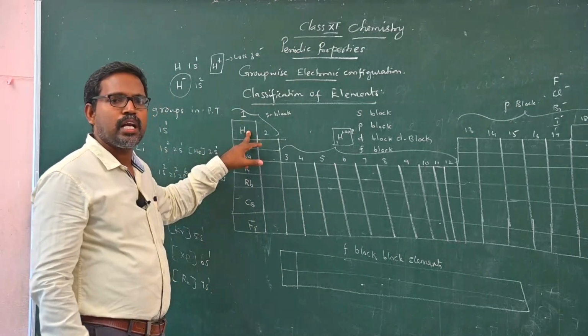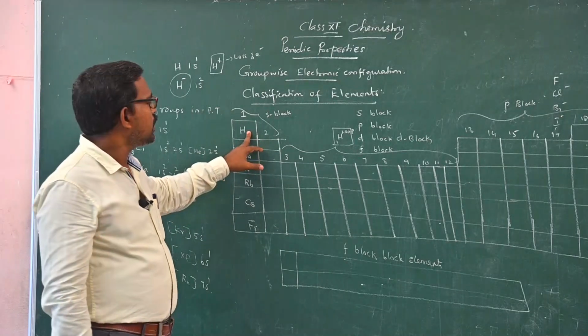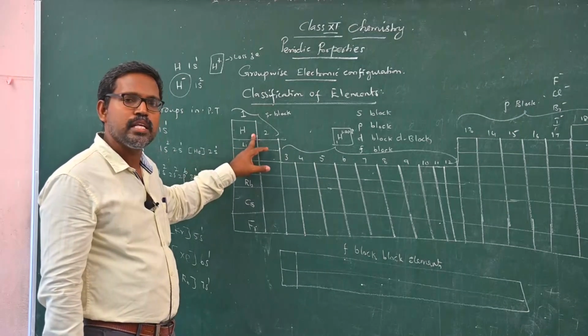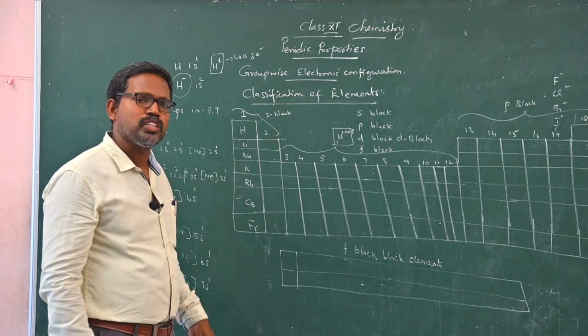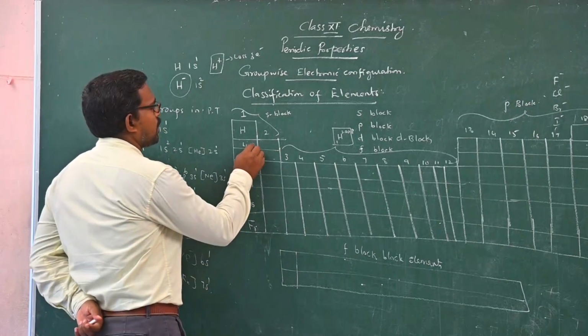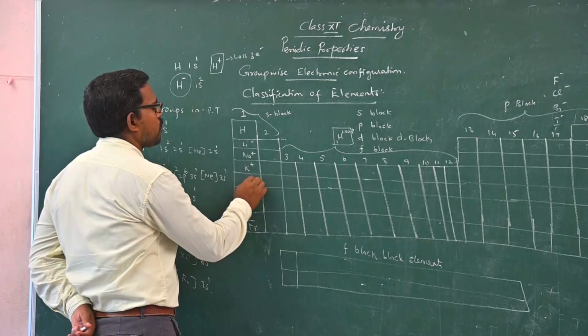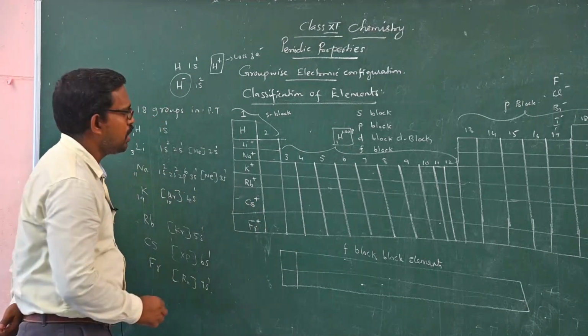Especially alkali metals have only one electron in the valence shell. These elements easily lose that electron and attain a positive charge: lithium plus, sodium plus, potassium plus, rubidium plus, cesium plus and francium plus.